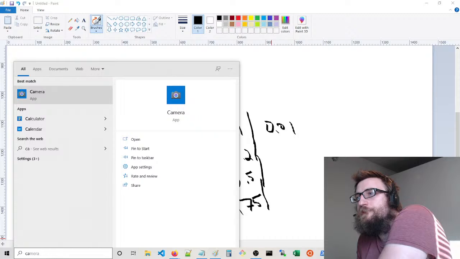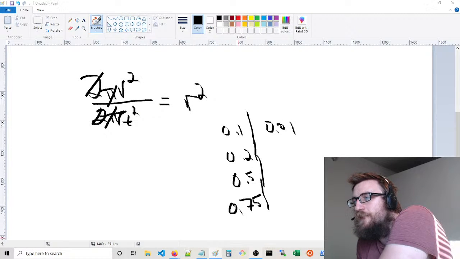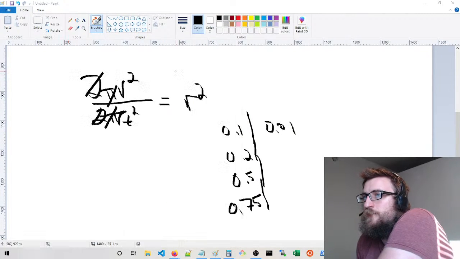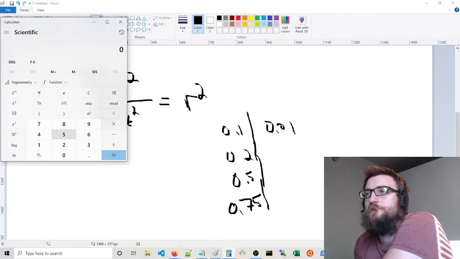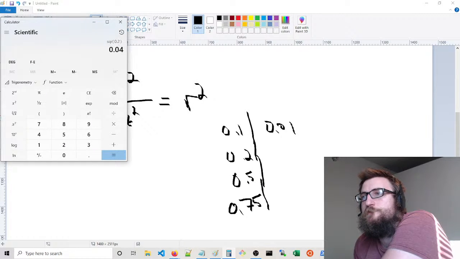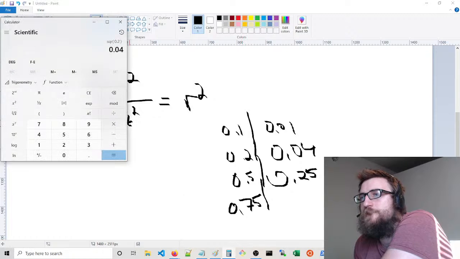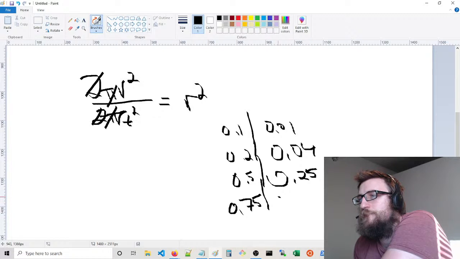Oops, that's not what I wanted. Calculator, that's what I wanted. 0.2 squared, I think it's 0.04. 0.25 and 0.75 is 0.562.